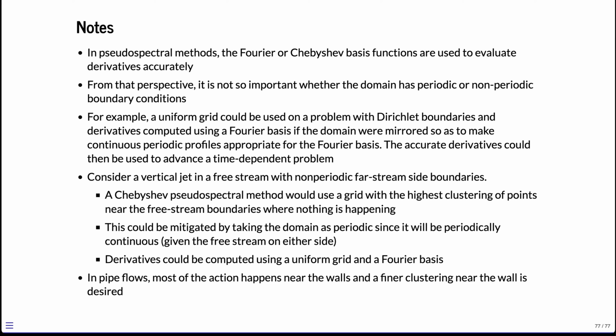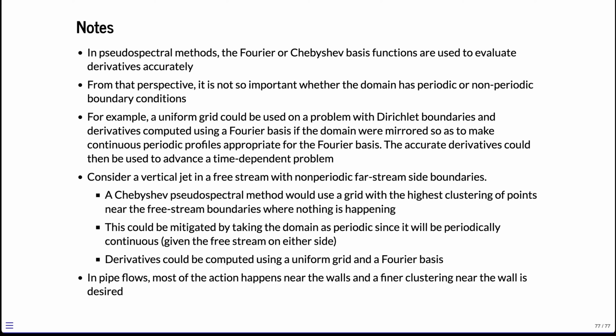Then it doesn't really matter whether the problem is periodic or not. You can apply Fourier modes using, for example, a uniform grid to compute accurate derivatives, at least in certain regions, and then modify those derivatives as needed for Neumann or Robin conditions, for instance.